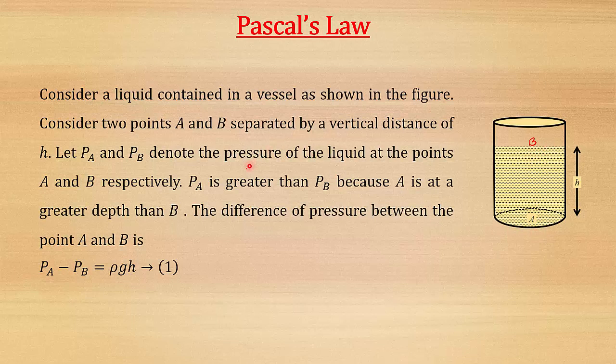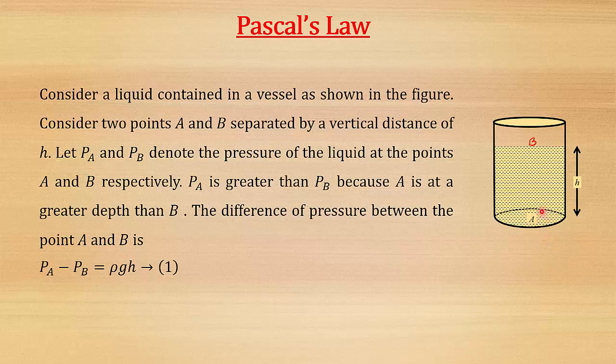And then PA is greater than PB. So pressure at the bottom is greater than pressure at the upper surface because point A is at a greater depth than B. Point B is at less depth. It is almost at the upper surface. But point A has more depth. So when depth increases, pressure also increases.